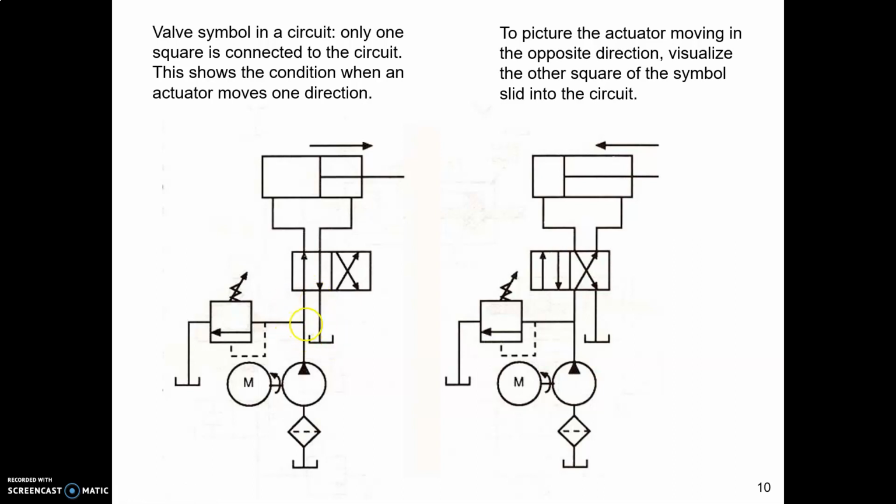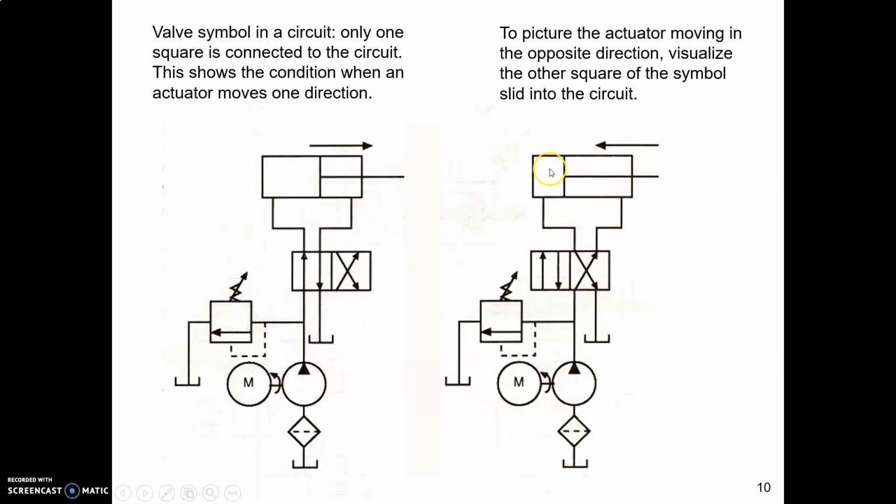Now, to picture what happens with this valve when you shift to the other position, let's look at the schematic on the right. Now we have shifted the valve to the left, so that now the oil coming from the pump goes across these two ports, across this way, up into the rod end of the cylinder, causing the cylinder to retract.